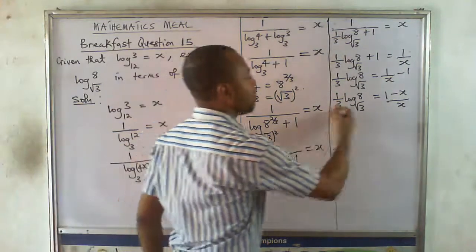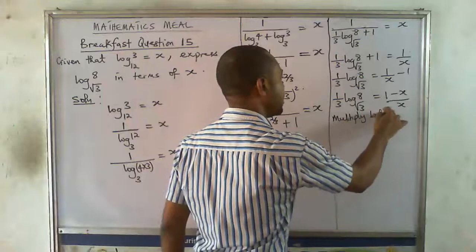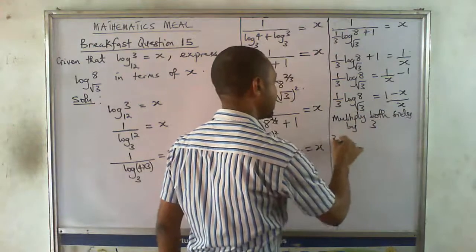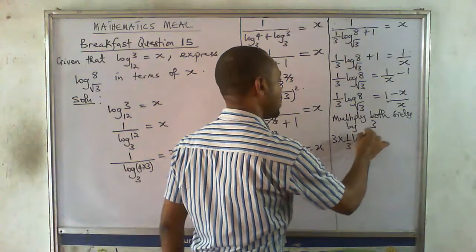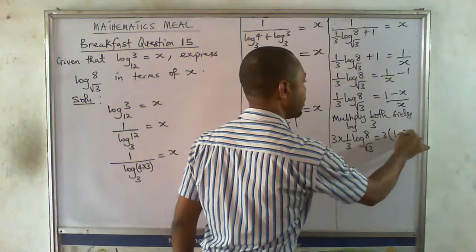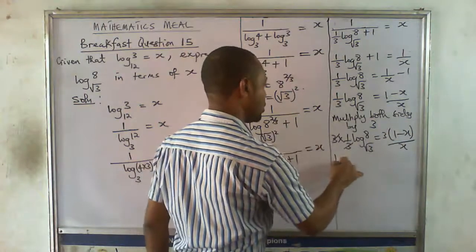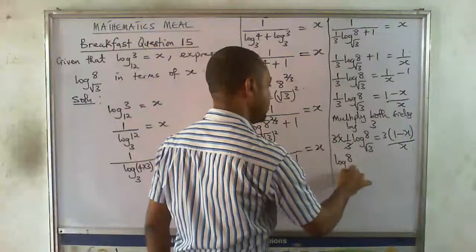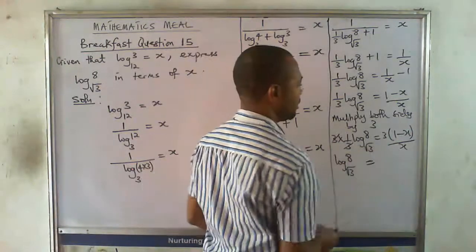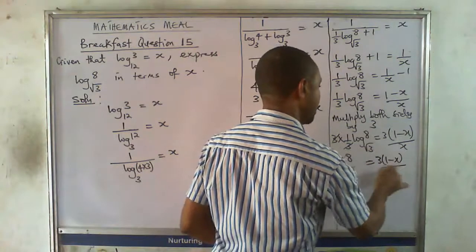To make it the subject, multiply both sides by 3. 3 times 1 over 3 log 8 root 3 is equal to 3 times 1 minus x over x. This is gone. I'm left with log 8 in base root 3 equals 3 brackets 1 minus x over x.